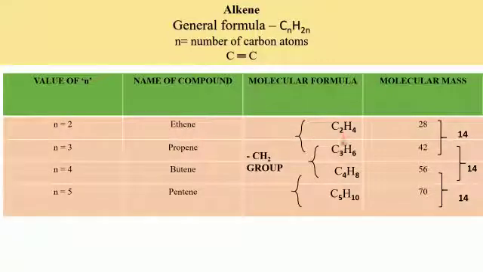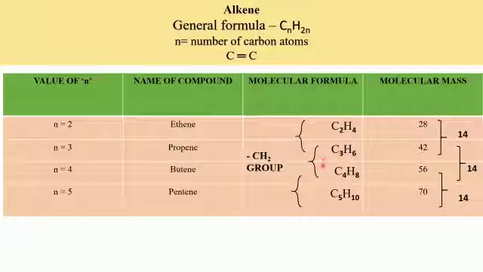Here also, if you compare the 2 consecutive members' molecular formulas, you will find that they differ by a CH2 group. If you add CH2 to ethene, you get the formula for propene. So C, and this is C2, total carbon becomes 3, C3, H2 here, plus 4 from here, that is 6, H6.